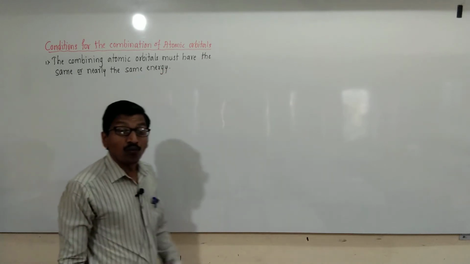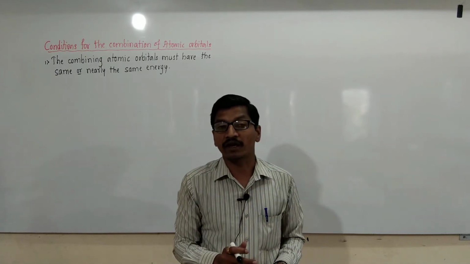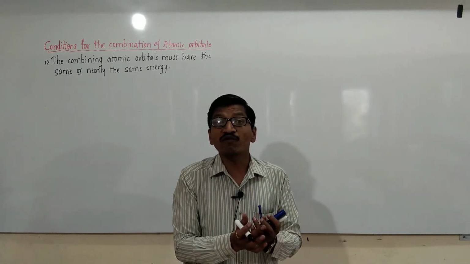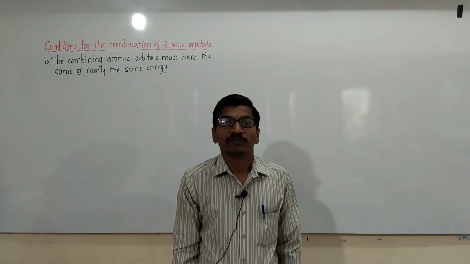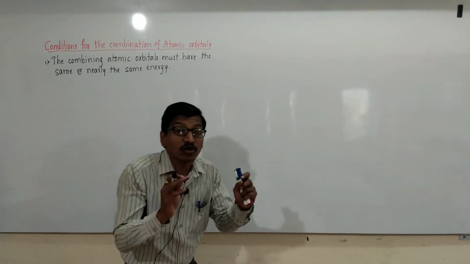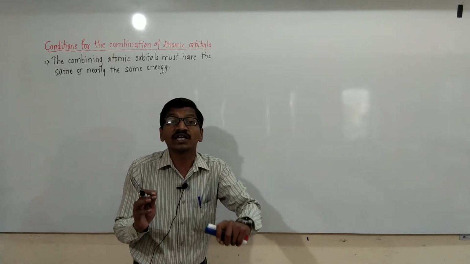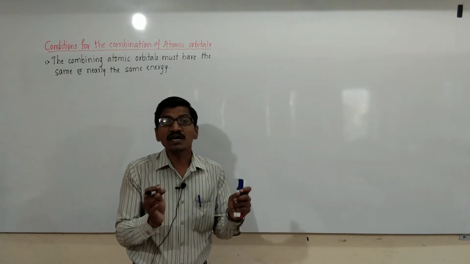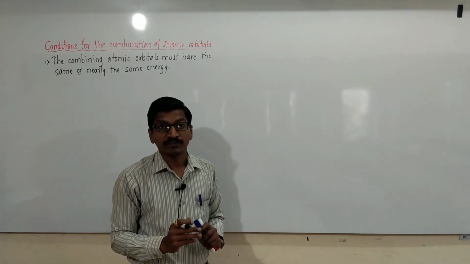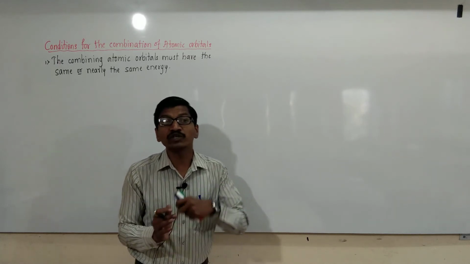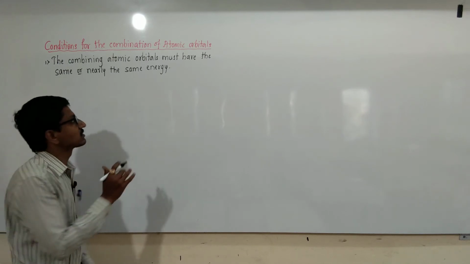Same energy means a 1s atomic orbital combines with the 1s atomic orbital of another atom, and a 2s atomic orbital of one atom combines with the 2s atomic orbital of another atom. The energy must be the same. 1s combines with 1s to form molecular orbitals, and 2s of one atom combines with 2s of another atom to form a molecular orbital, like this.